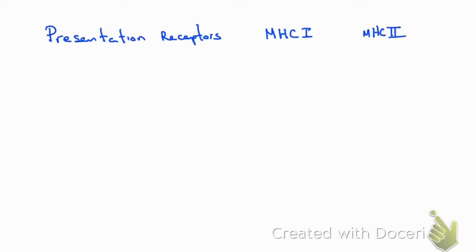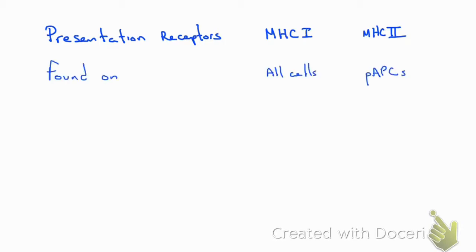So let's briefly talk about this process of presentation before we get into the details of how it's performed. In this broad overview, what we're going to focus on are the receptors that are involved in this presentation. These receptors are known as major histocompatibility complexes, or MHCs. There are two different types of MHC, MHC1 and MHC2.